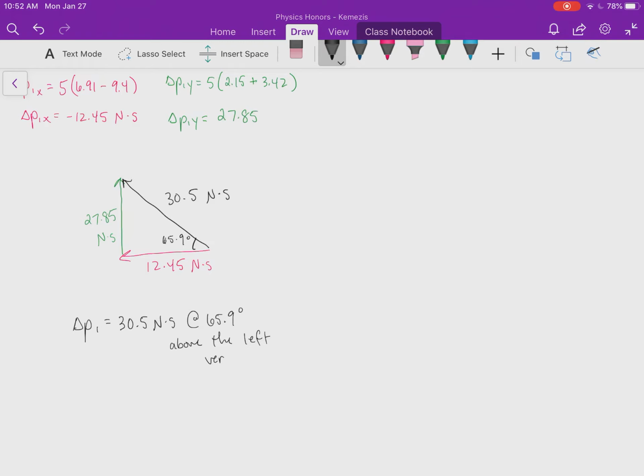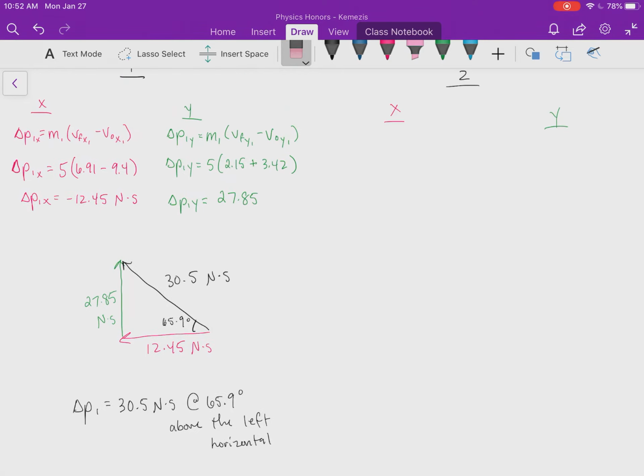above the left vertical, or well, above the left horizontal. Okay, or to the left of the horizontal, right? Above, yeah, above the left horizontal.